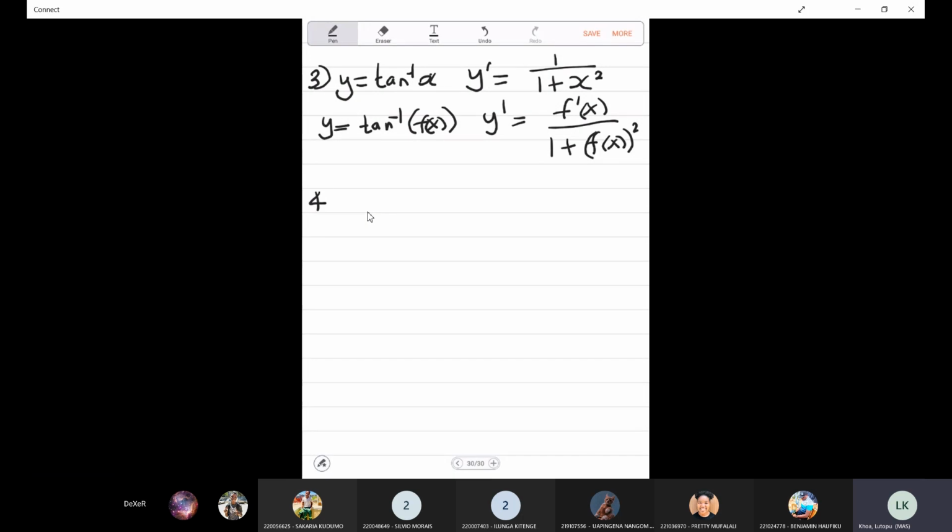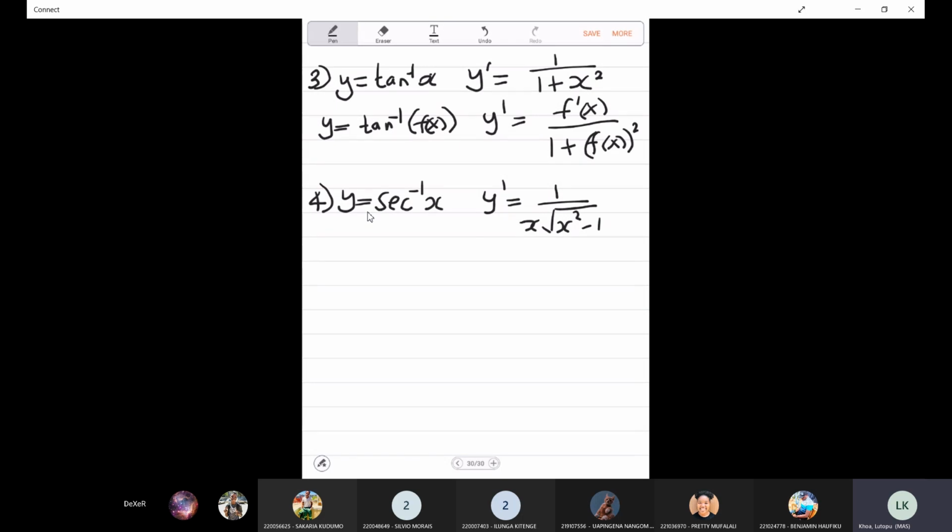Then number 4 is y is equal to sec inverse of x. So here you can work out the derivative like I did with the first 3. You will see that y prime is equal to 1 over x, the square root of x squared minus 1.